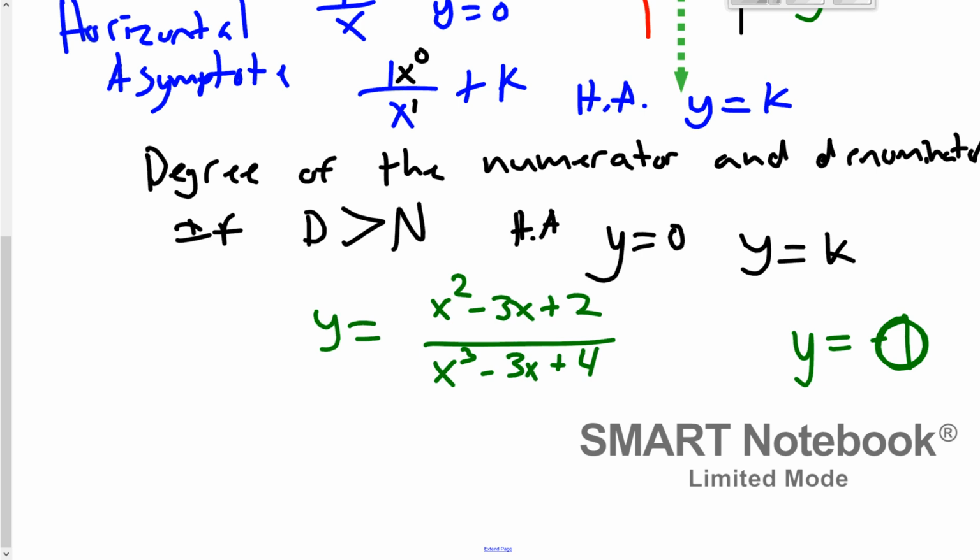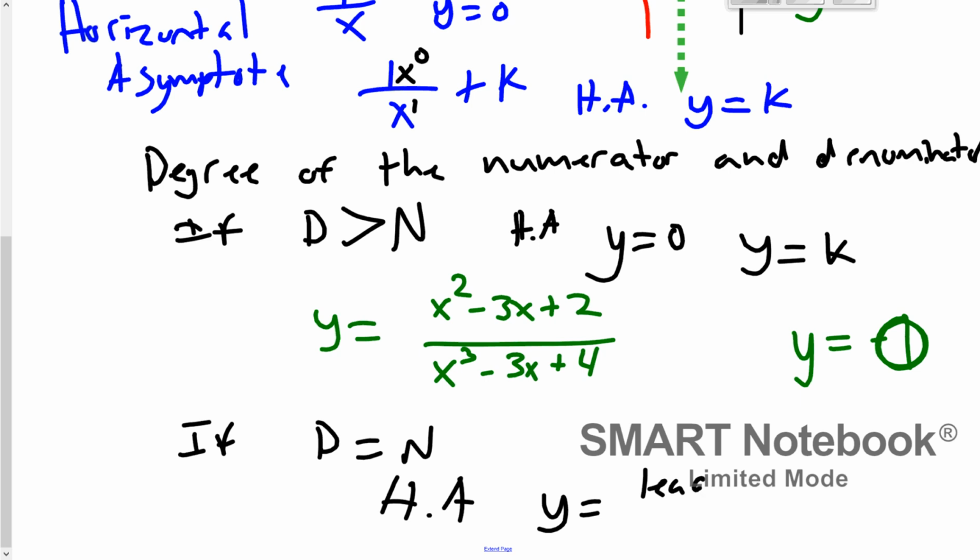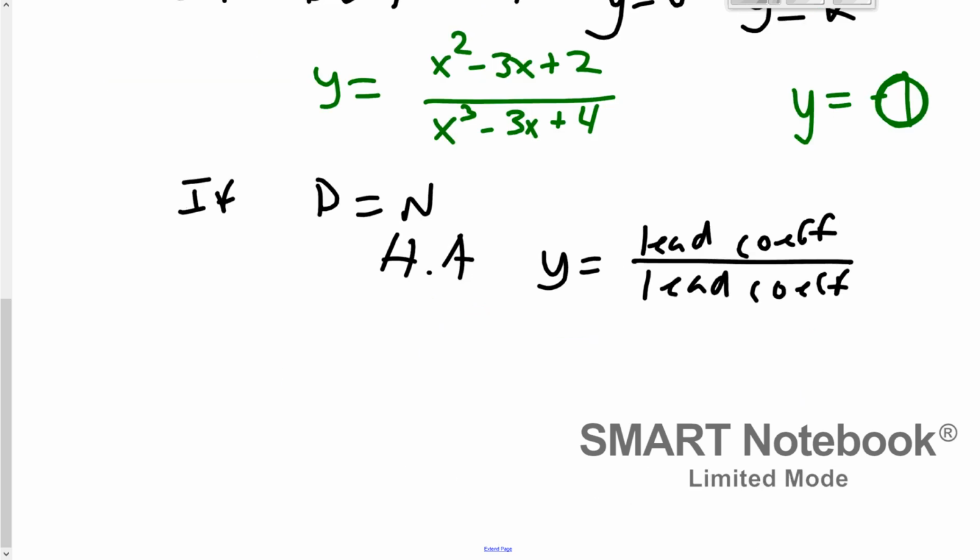Okay, then if the degree of the denominator is equal to the degree of the numerator, your horizontal asymptote will be y equals the lead coefficient of the numerator divided by the lead coefficient of the denominator. So here's an example.